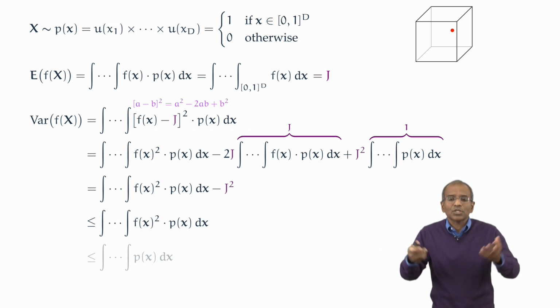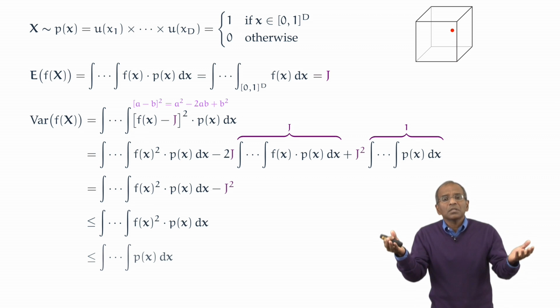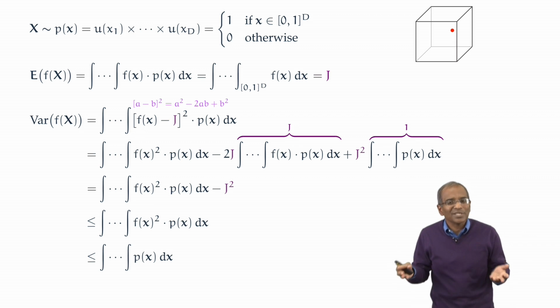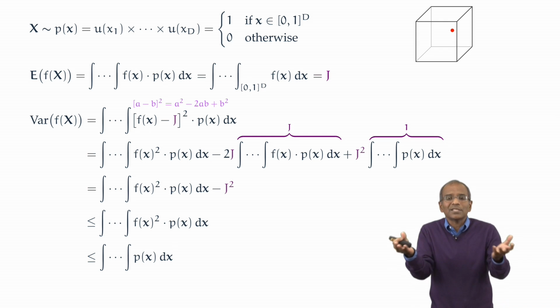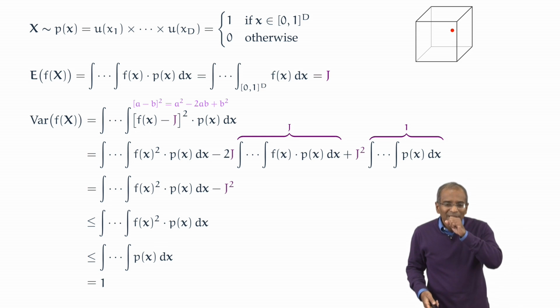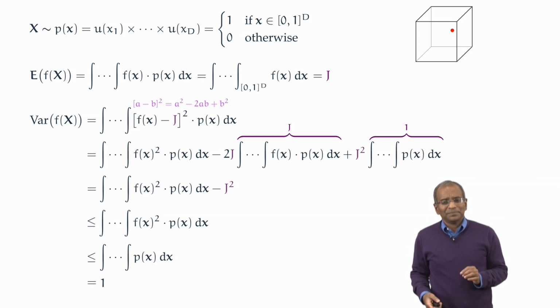If in the integrand I replace f of x squared by 1, I can only increase the size of the integral. And so I've got, this is no more than the integral of just p of x dx. And what is that? Well, I'm integrating a density and therefore by normalization it must inevitably again be unit. What's the moral here?